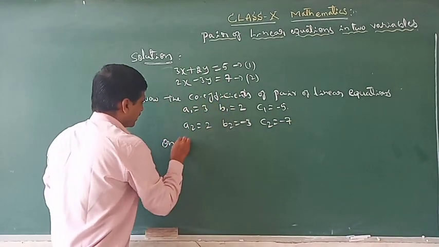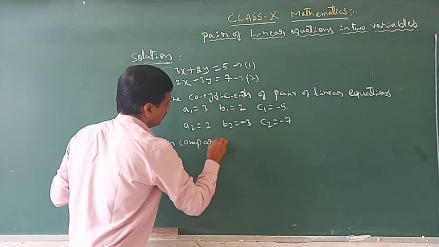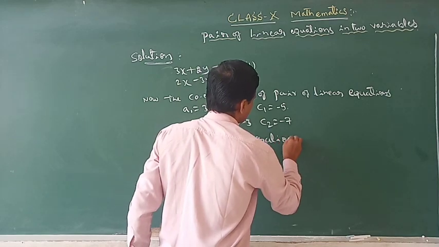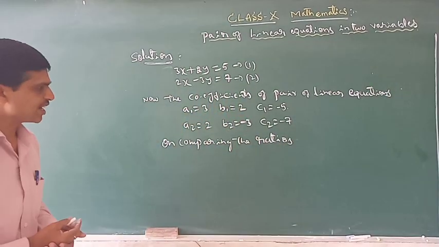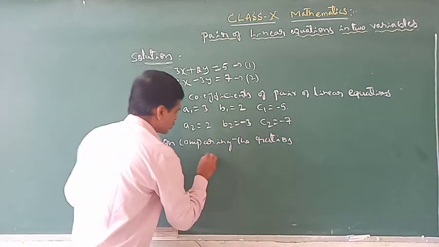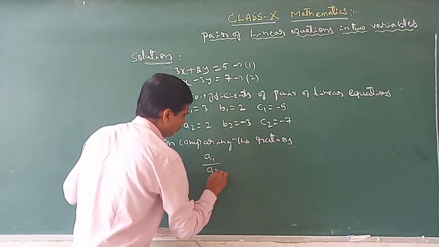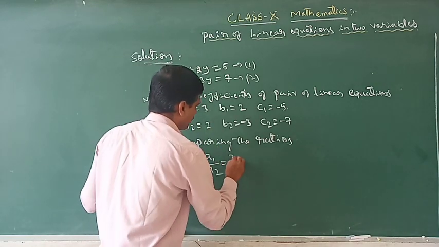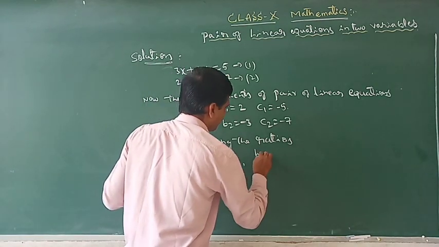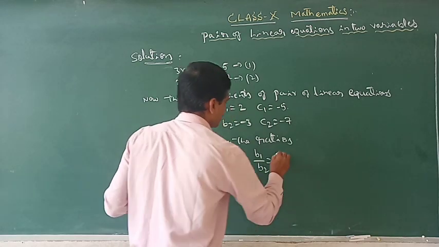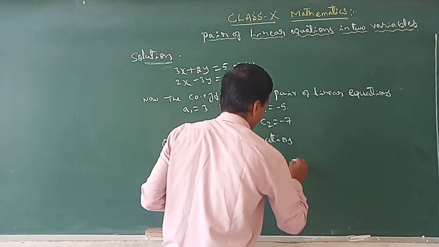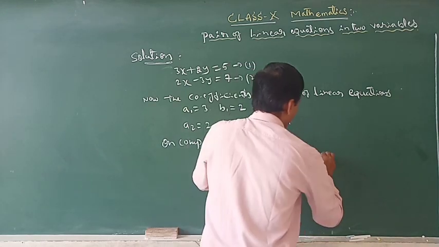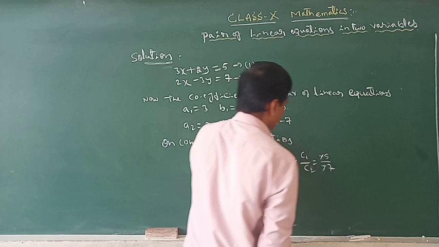Now, on comparing the ratios: first consider the ratios, and afterwards you can compare. a1 by a2 is 3 by 2. b1 by b2 is 2 divided by minus 3, and c1 by c2 is minus 5 divided by minus 7, where the signs cancel out.